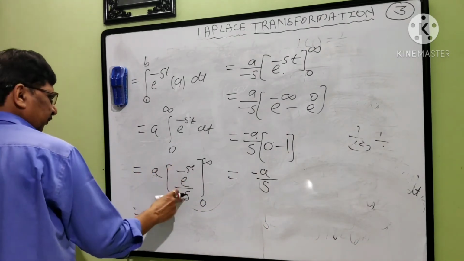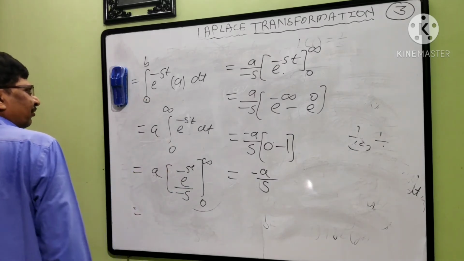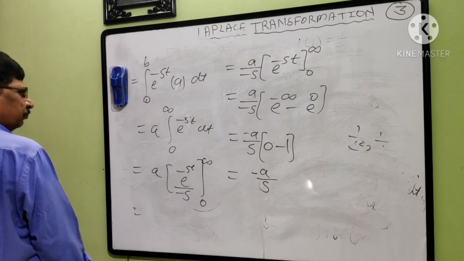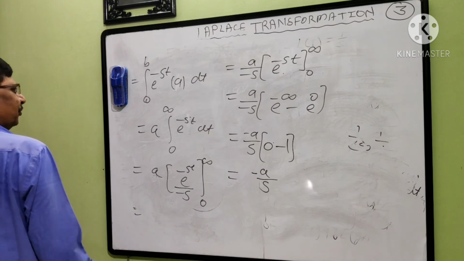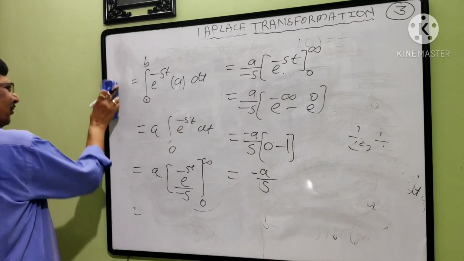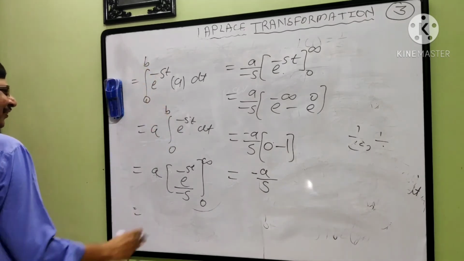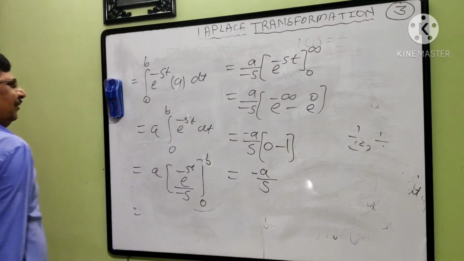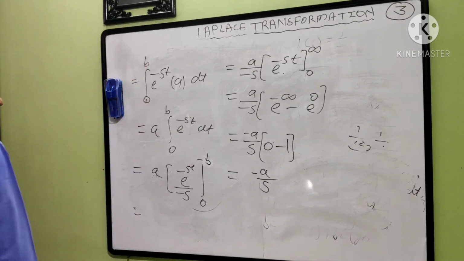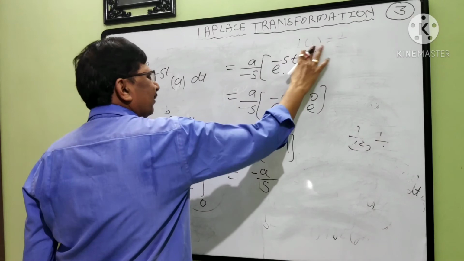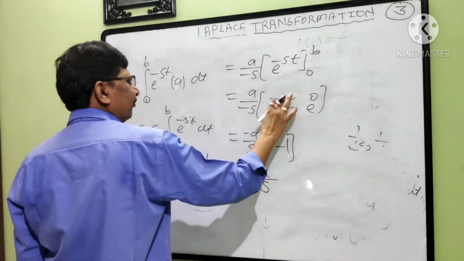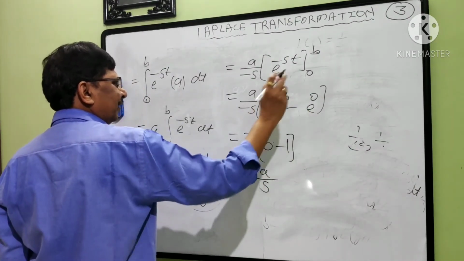Now a was there, and here is the function e raised to minus st. Sorry, this limit was actually not infinity. It was 0 to b. Again I am repeating, this was not infinity, it was b. So instead of t, substitute b, and here is 0.